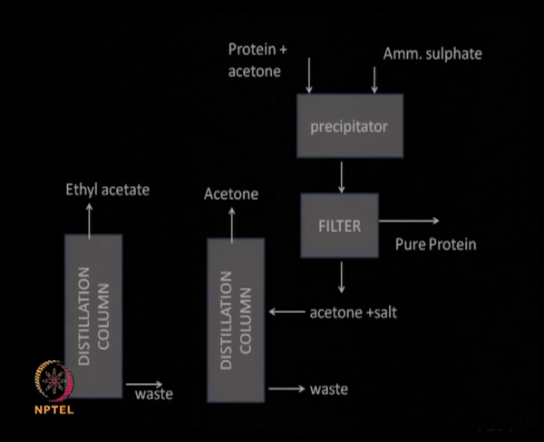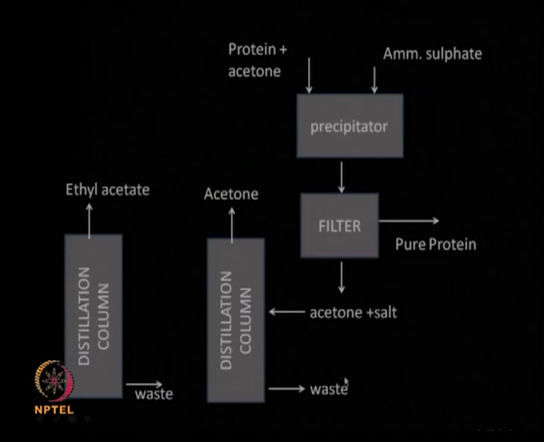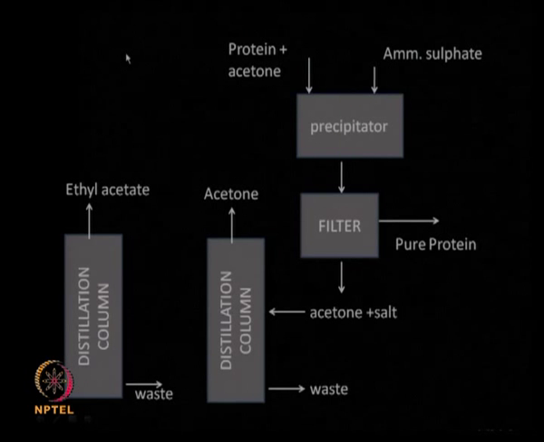Then I may have to go for some way of separating the protein from the solvent, either using a precipitation type of technique or using a membrane or using a chromatography, and then the solvent will contain other, unwanted products. So you need to recover the solvent in a distillation column and the waste goes at the bottom, and this solvent can again go back to my extractor, and again it can start extracting this protein.